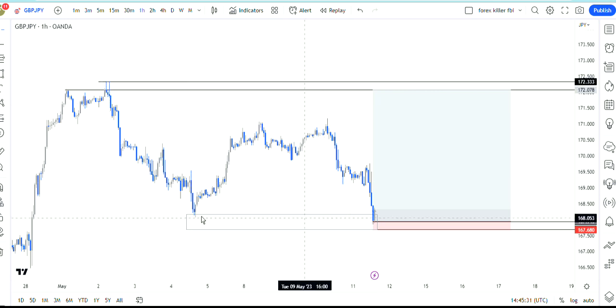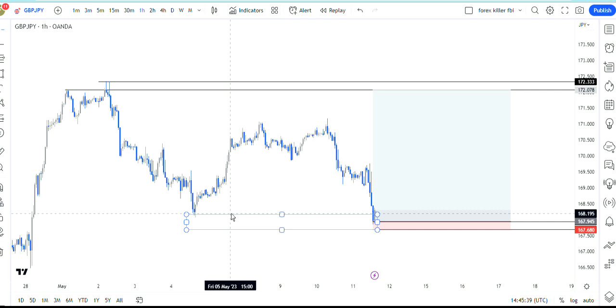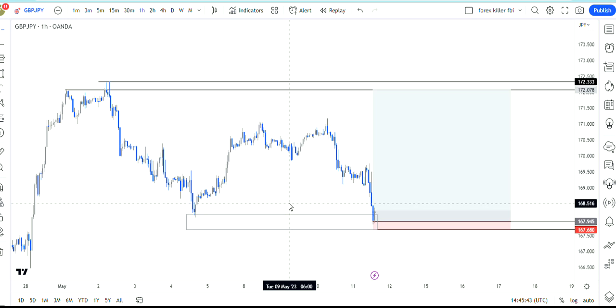And here we have what we call a double bottom. So if you want to deal with Japanese yen pairs, you have to analyze Japanese yen first before trading any Japanese pair.